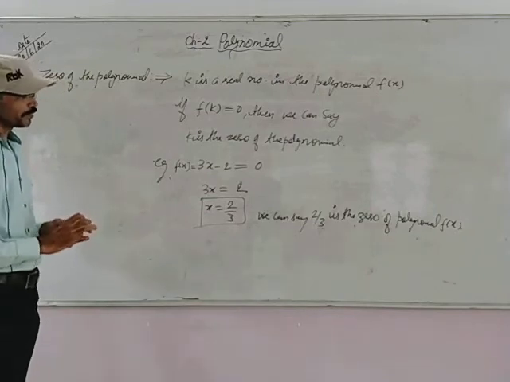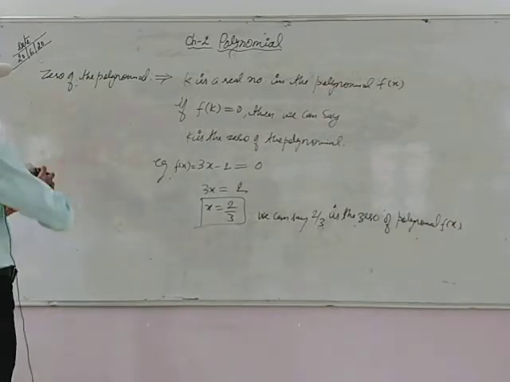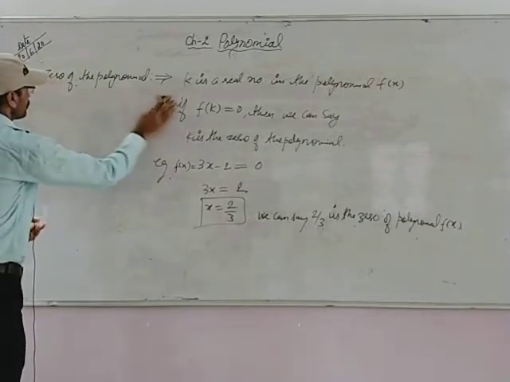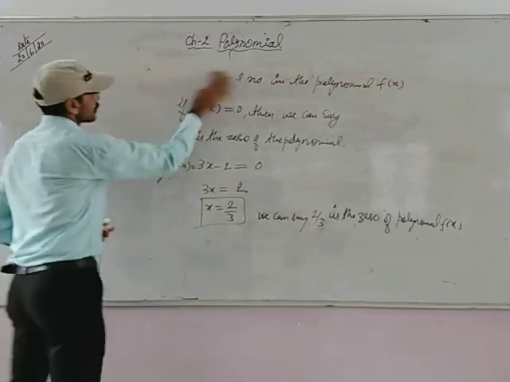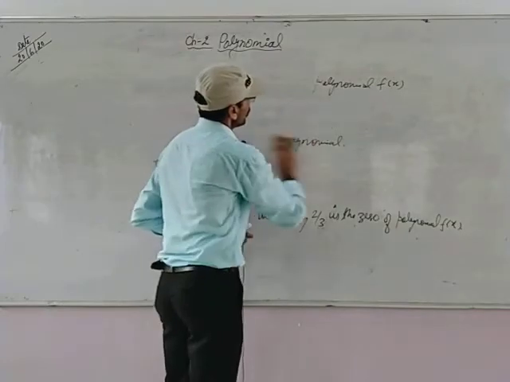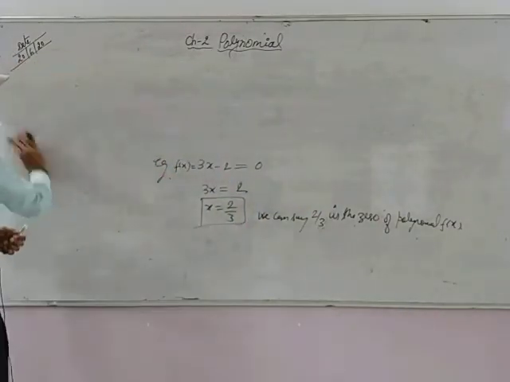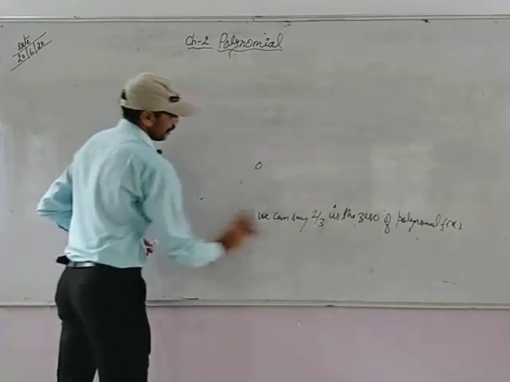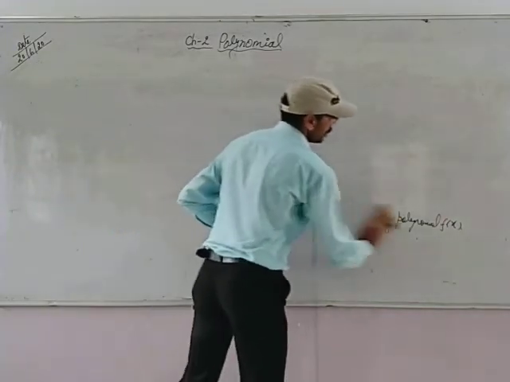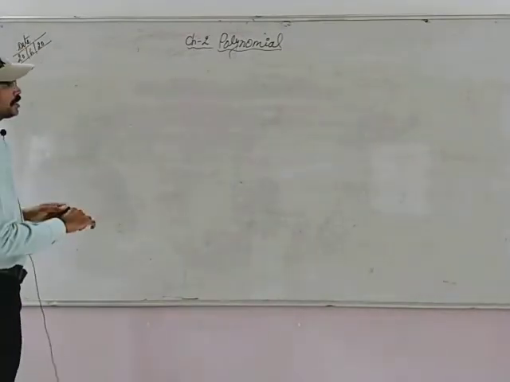Now we take the geometrical meaning of zeros of the polynomial. Geometrical or graphical representation, both are the same.